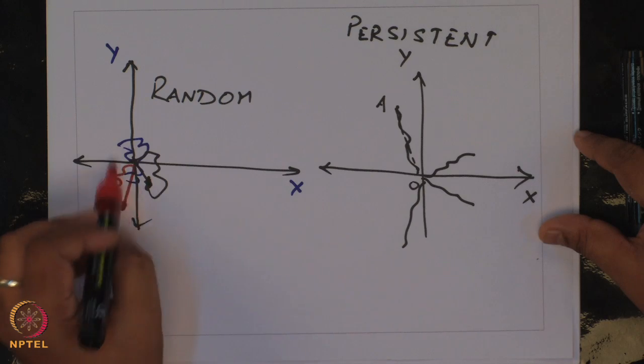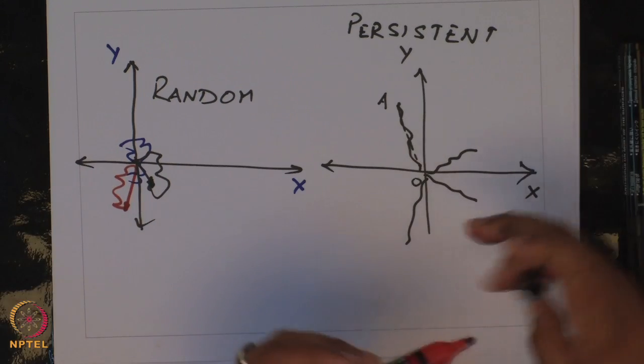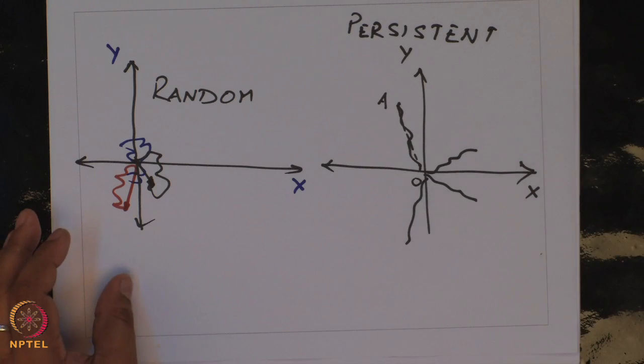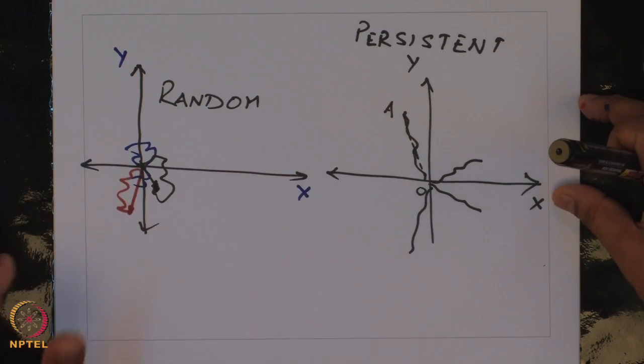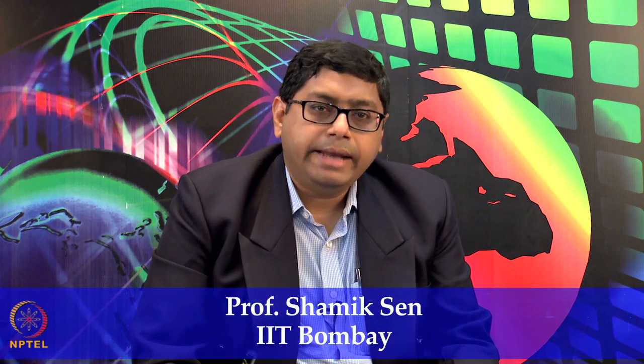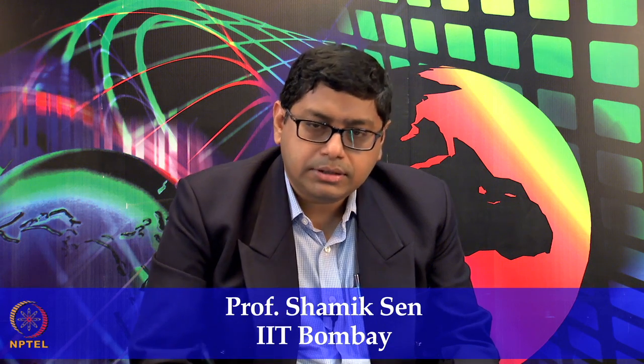So, there is a lot of heterogeneity in this. There has to be some formalism which has to be used in order to better quantify the type of persistent migration. So, I will stop here for today, and in the next class I will give some discussion as to how we can quantify persistent versus random migration. Thank you.